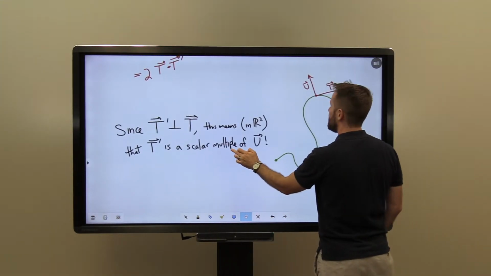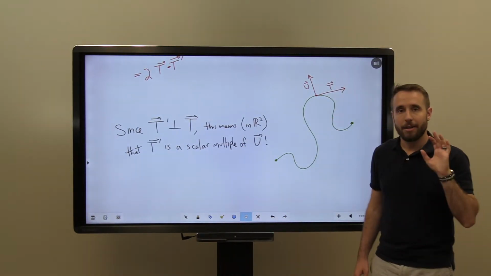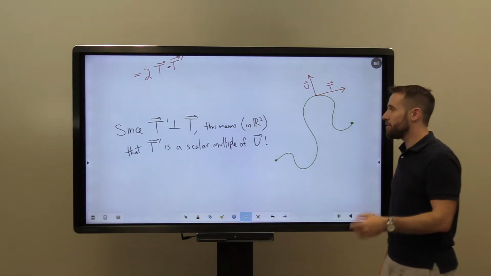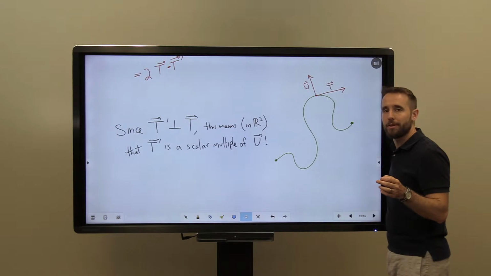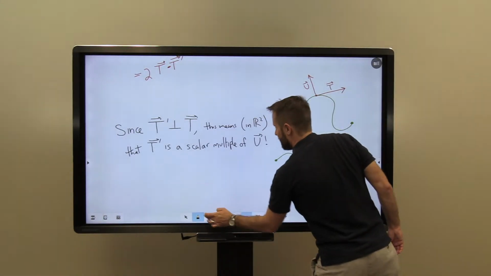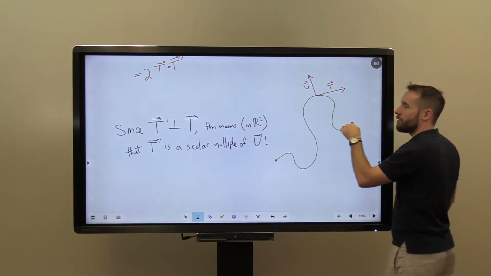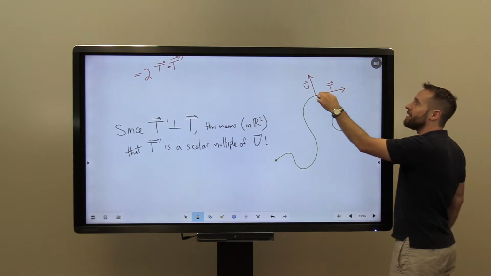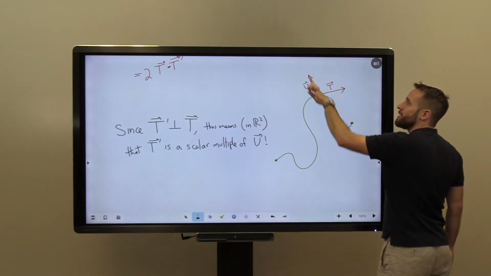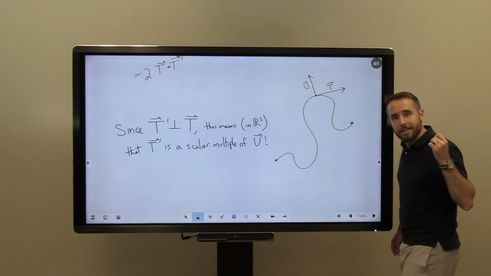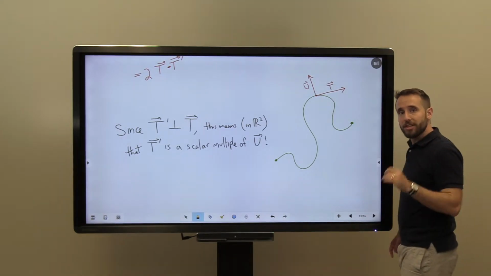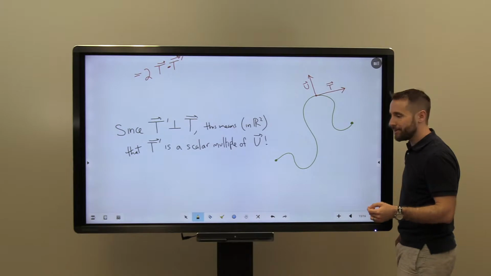Well, since t prime is perpendicular to t, this means, at least in R2, that t prime has to be a scalar multiple of u. Let's confirm that. So here's a given curve. Here's my unit tangent vector, and here's my unit normal vector with that pi over 2 rotation. T prime, we just said, has to be perpendicular to t.